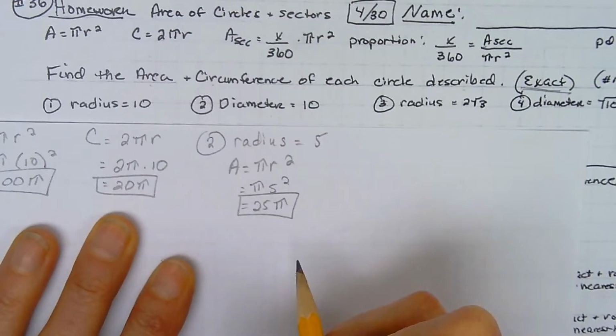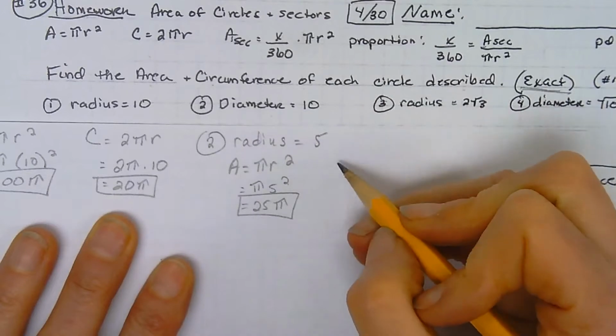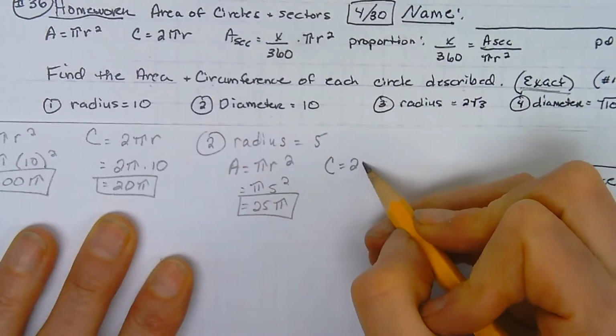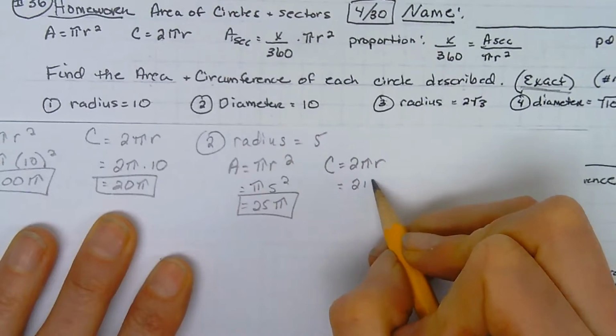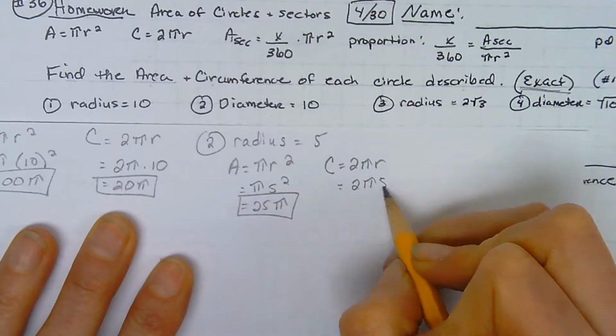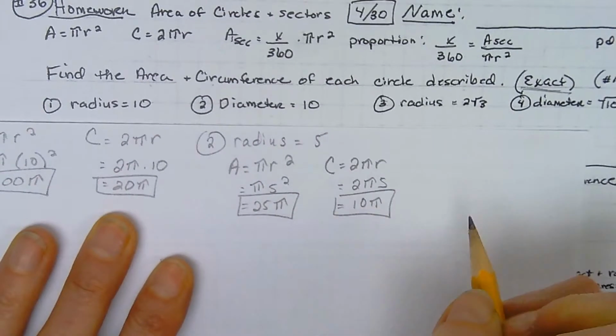That's the exact area of a circle with a diameter of 10. The circumference is equal to 2 pi r. It's equal to 2 times pi, and the radius is 5, so it's 10 pi, and that's the circumference.